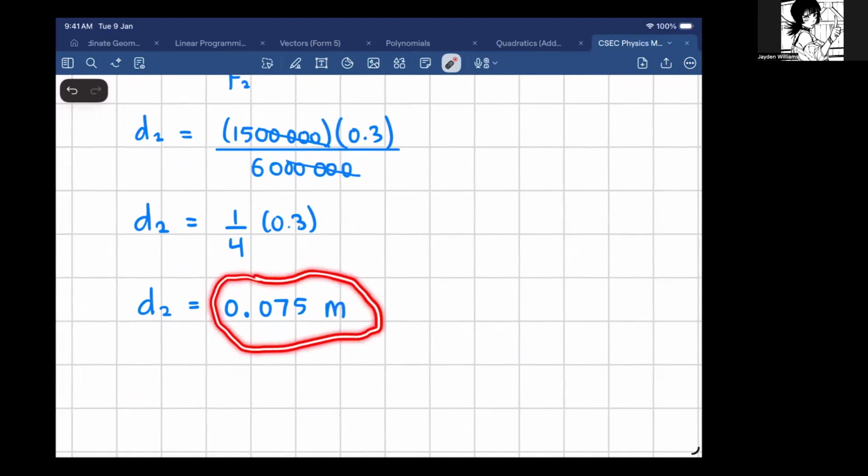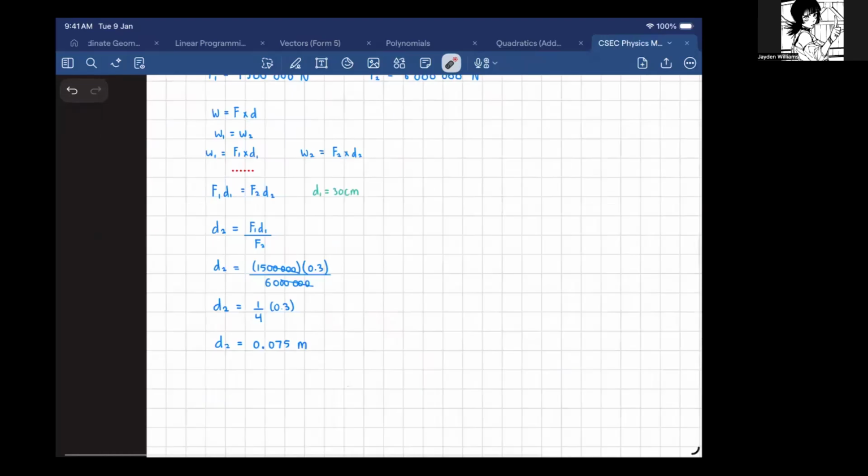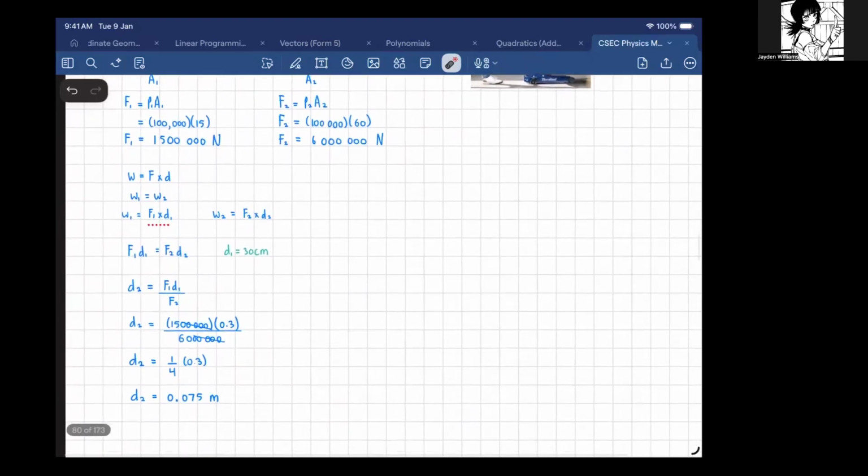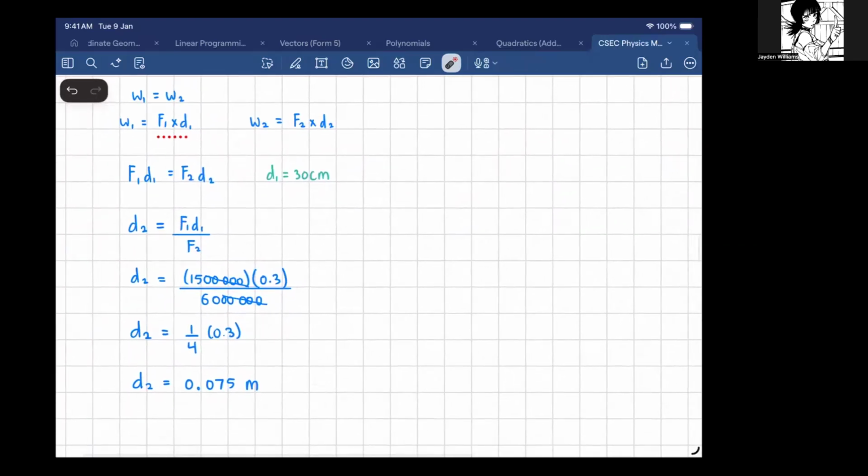Seeing that? Yes. And how much did it move initially? At the input side, you mean D1, right? Yeah, D1. About 30 centimeters. Let me convert that 0.075 to centimeters so you can understand it a little better. So this is 7.5 centimeters.